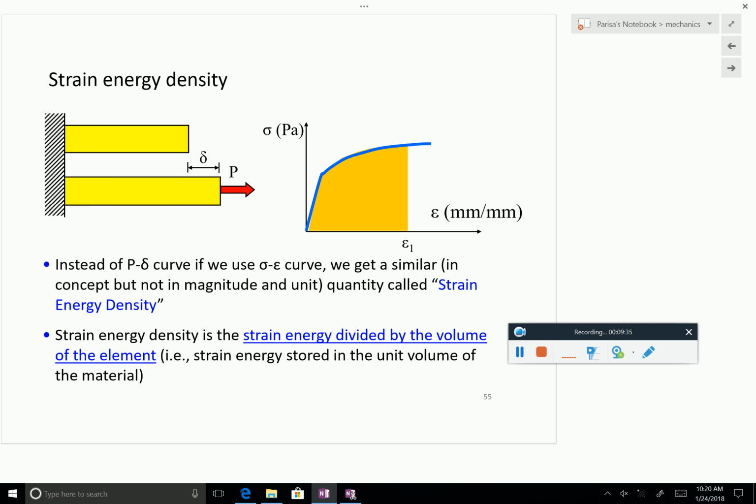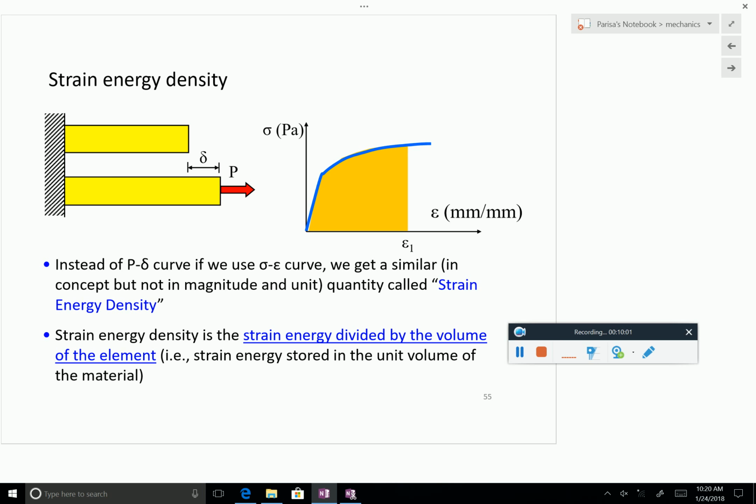If you take one small cube inside your material, how much energy is being stored in that small cube, one by one? That would be the definition of a strain energy density.